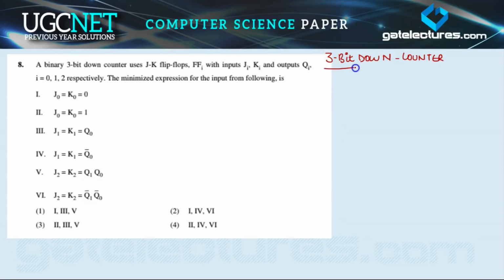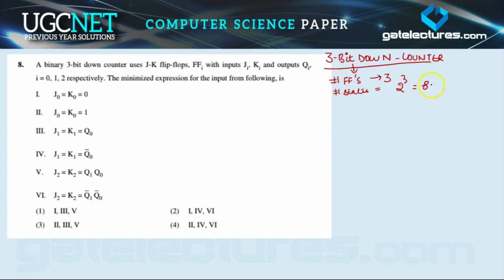With the help of this information, you can derive that the number of flip-flops you are going to use is 3, and the number of states is 2 raised to power n. N is 3, so this is 8.